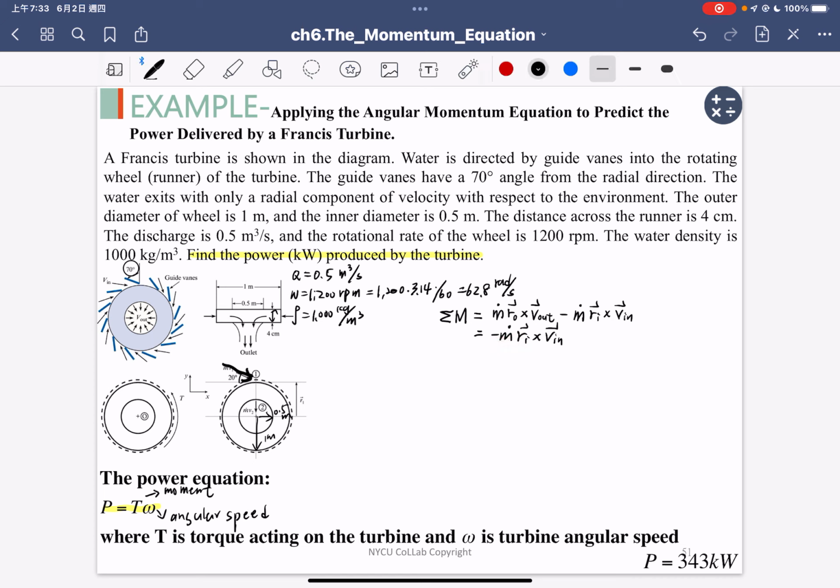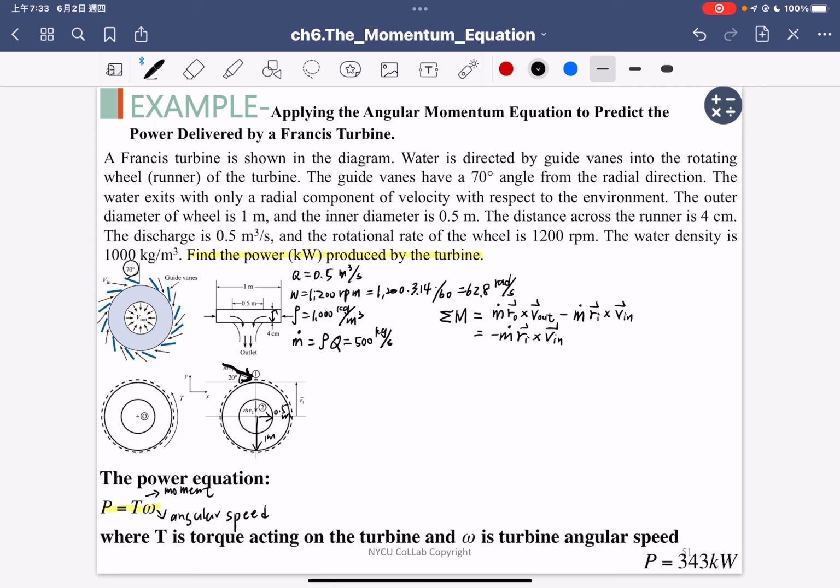We first consider the mass flow rate. Since we have rho and we have Q, we can compute the mass flow rate very quickly. Using my calculator to check, the mass flow rate equals 500 kilogram per second, right?